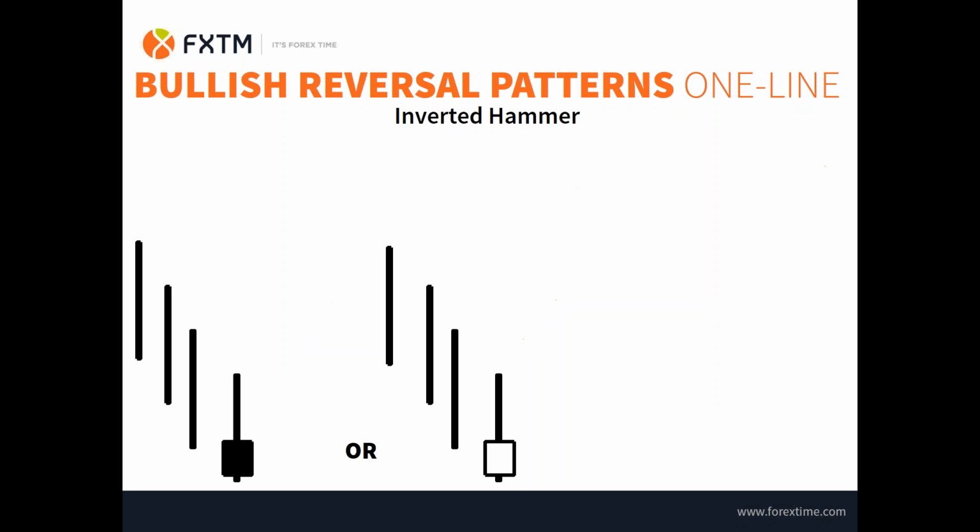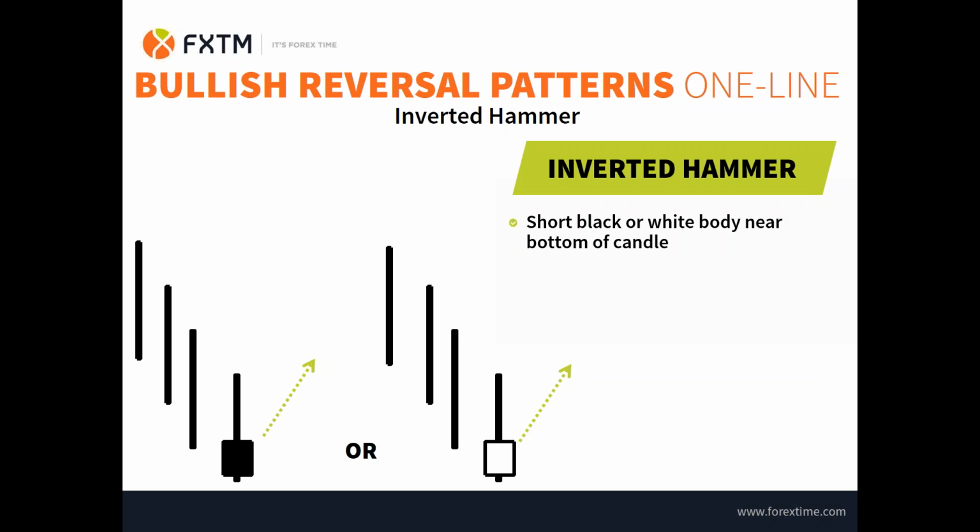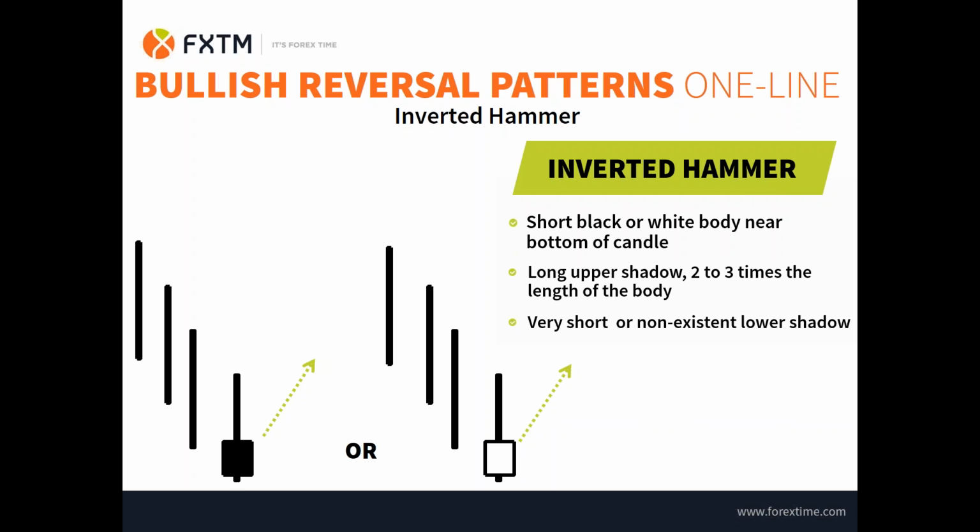Okay, then inverted hammer, it's another pattern. The specs are very similar if found at the end of a decline, at the bottom of a downtrend, and there is a long upper shadow, a small real body. The long upper shadow is 2 to 3 times the size of the body, and there is a tiny or no lower shadow at all.